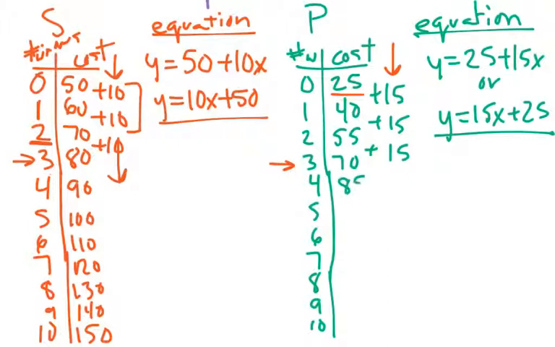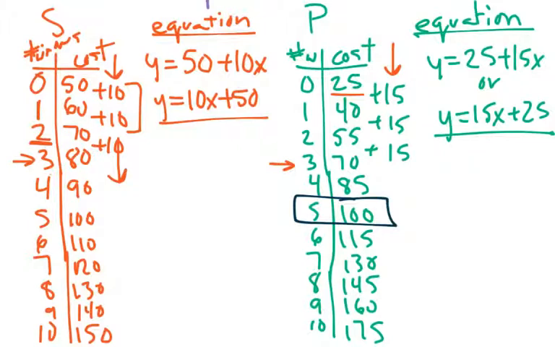So this would be 85, 100, 115, 130, 145, 160, 175. Okay, so what do we see here? There's a lot going on, but hopefully the thing you notice first is that at 5 windows, it doesn't matter. The costs are equal. So if Carlos and Clarita have 5 windows on their shed, it doesn't matter who they hire, it's going to cost the same.